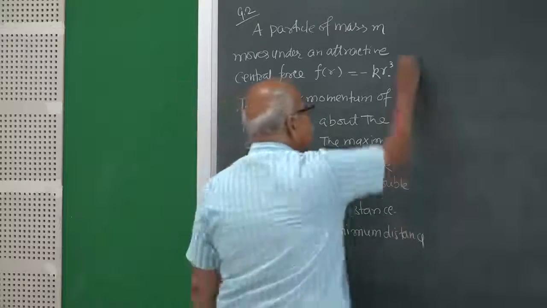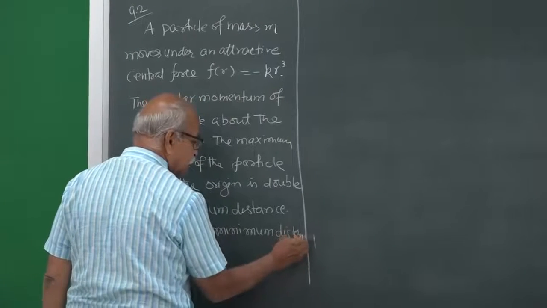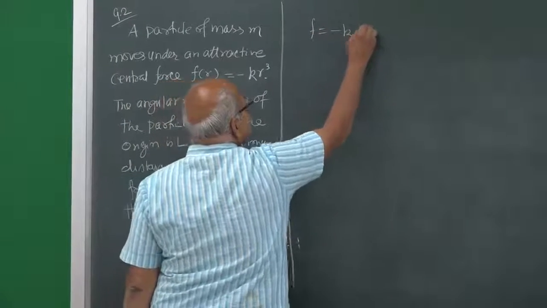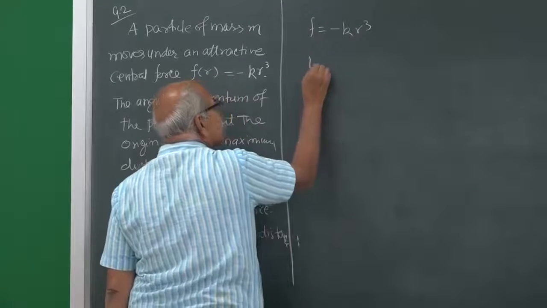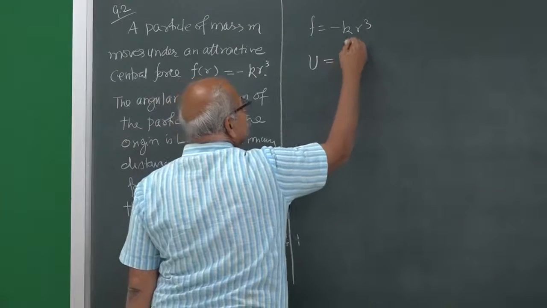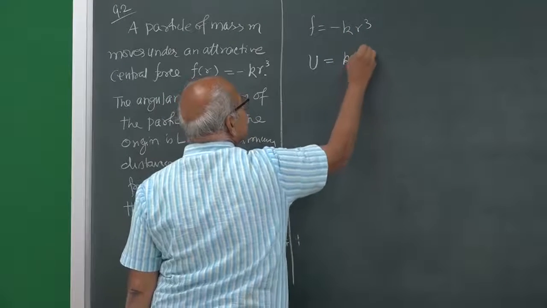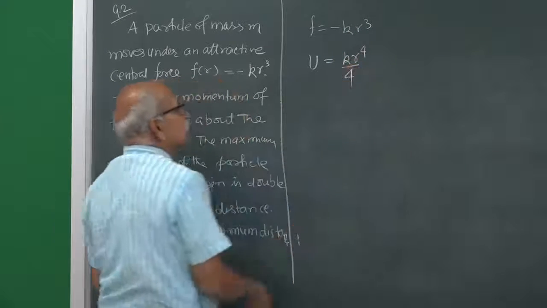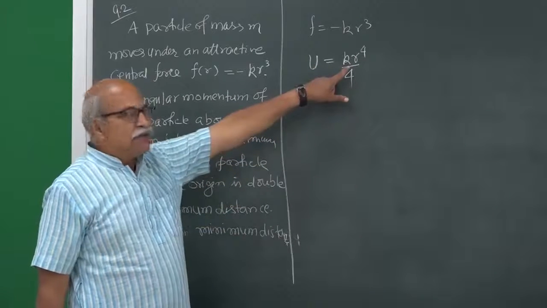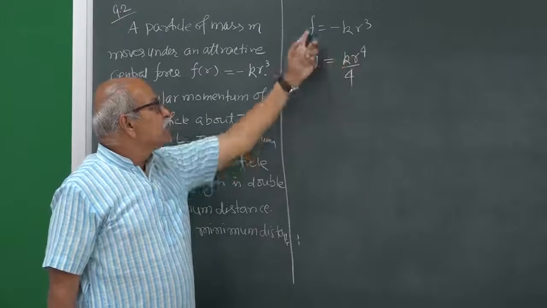Okay, so force F is minus k r cube. So, write what is potential energy U. You have to integrate. So, U is k r to the power 4 divided by 4. This will be the potential energy. If you differentiate it with respect to r, you get k r cube, and put a minus sign, you get the force.